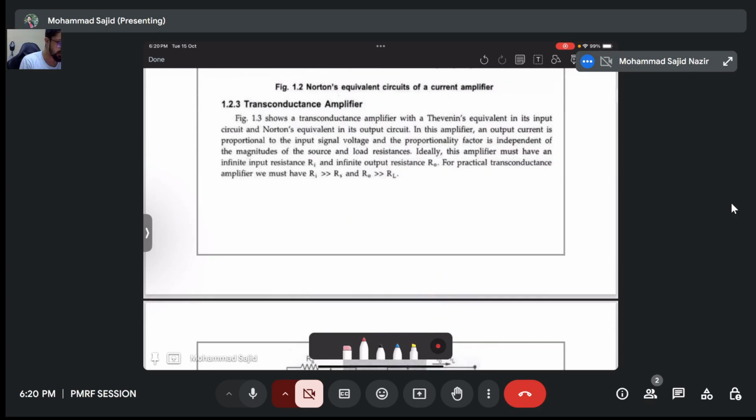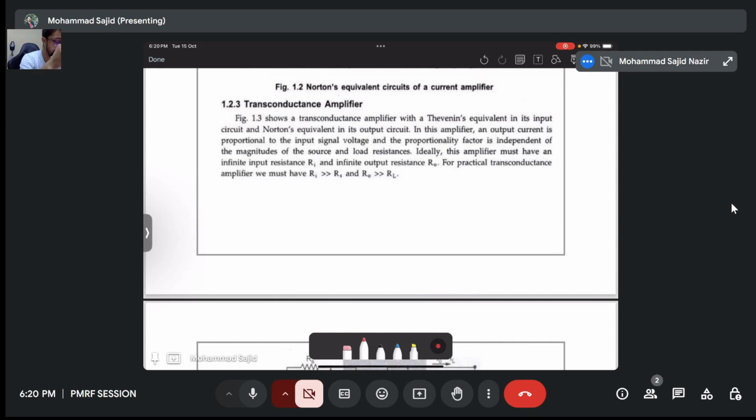So what does the transconductance mean? That means we have to take the current at the output and we have the voltage at the input. So from the first two cases, what do we infer? We infer that if we have to take current at the output, then our output resistance should be greater than the load resistance. And if we have to take the voltage at the input, as we are supplying the voltage to the input, our input resistance should be very much greater than the source resistance.